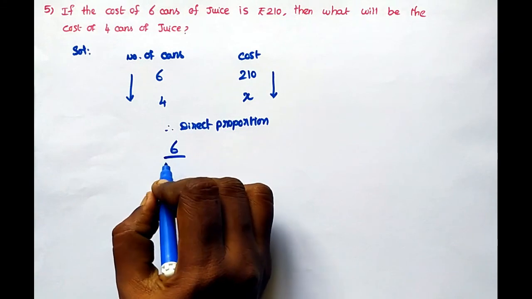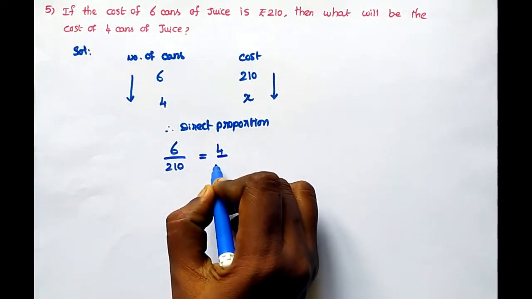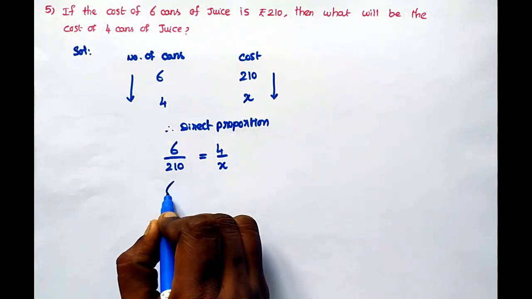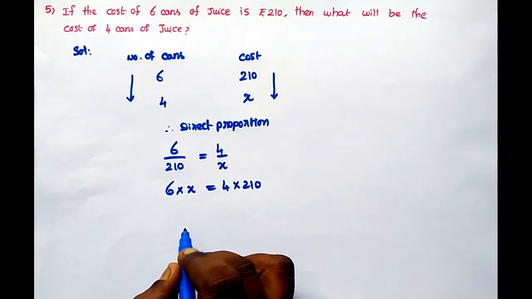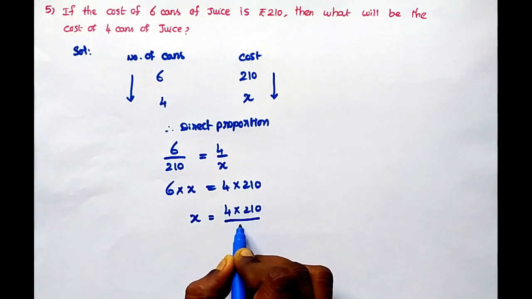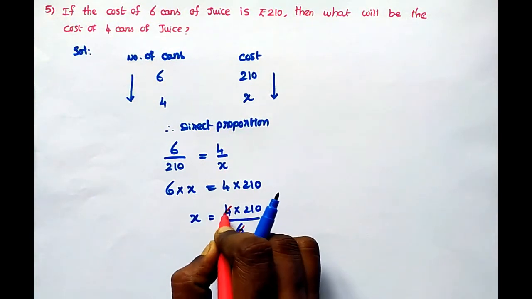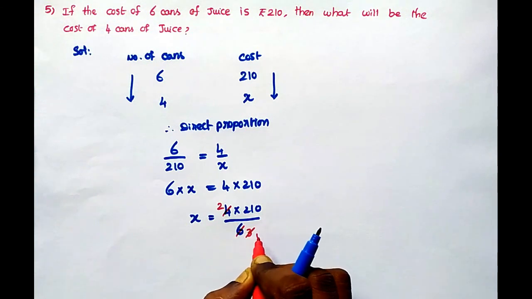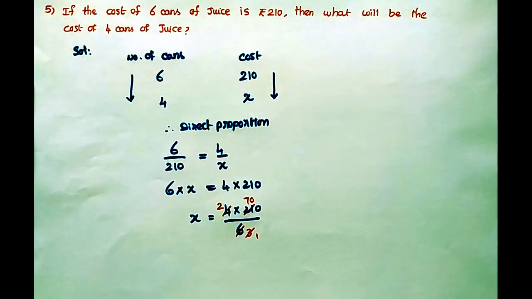Six by 210 equal to 4 by x. Cross multiplication, 6 into x equal to 4 into 210. So x equal to 4 into 210 divided by 6. 2 2's are 4, 3 2's are 6, again 3 1 is 3, 7 3's are 21, put the 0 means 70.